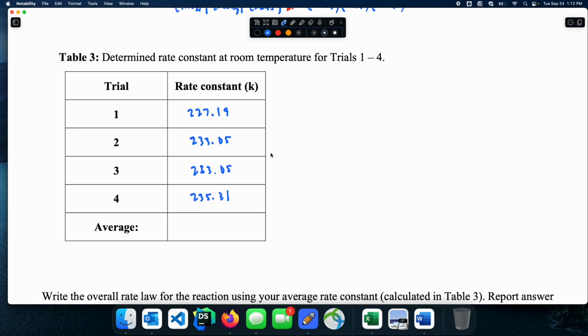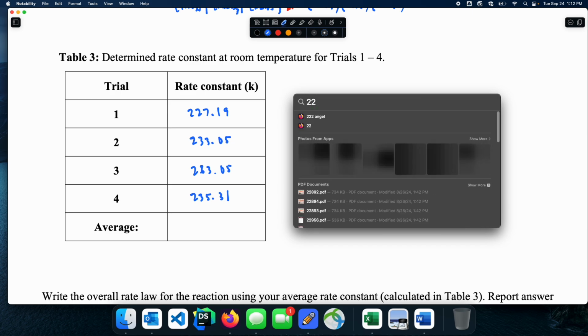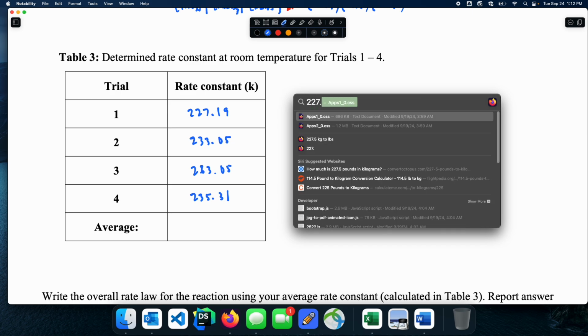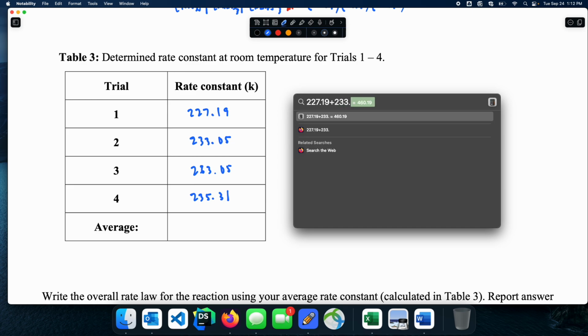And the average of these, of course, is going to be, I can't do that in my head, 227.19 plus 233.05 plus 263.05 plus 235.31.